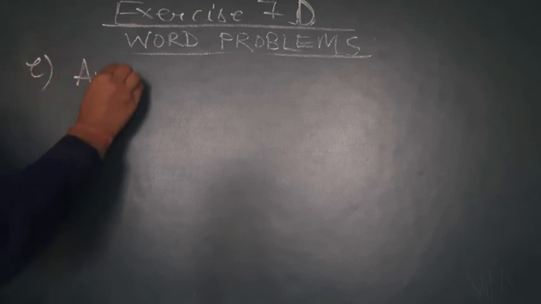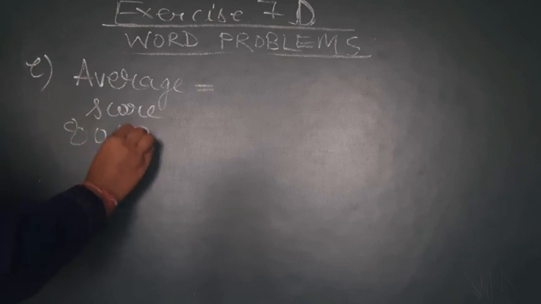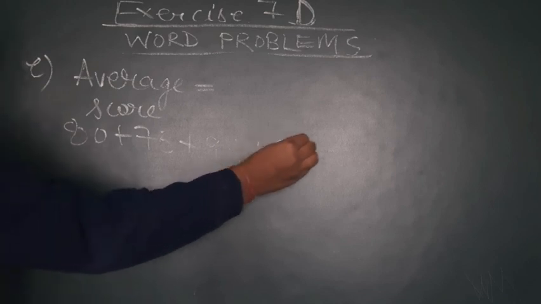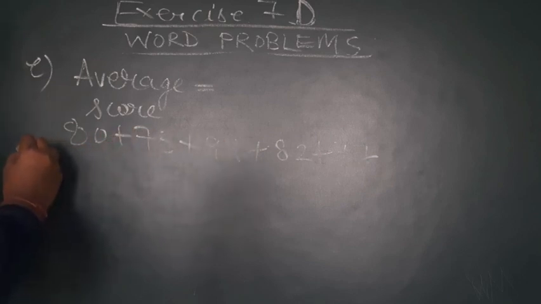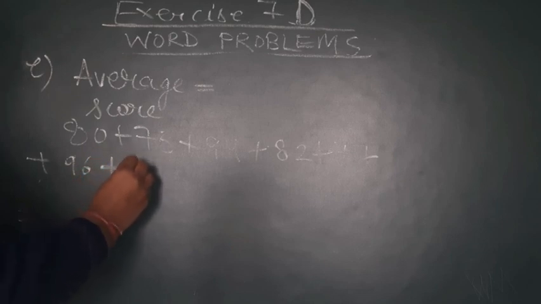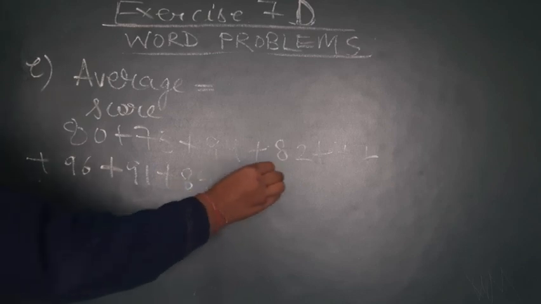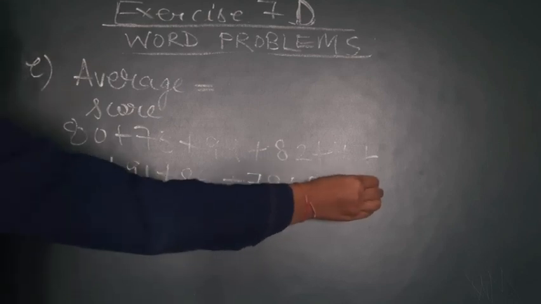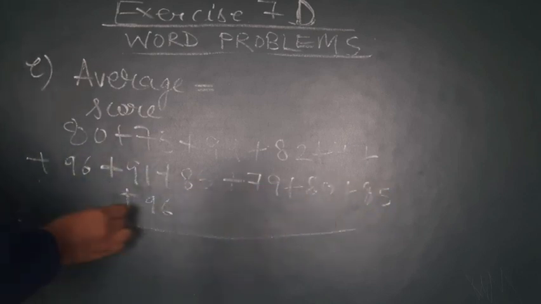So average marks or average score is equal to, we have to add all the numbers: 80 plus 75 plus 94 plus 82 plus 77 plus 96 plus 91 plus 85, then plus 79, plus 80, plus 85, plus 96, okay, upon 12.